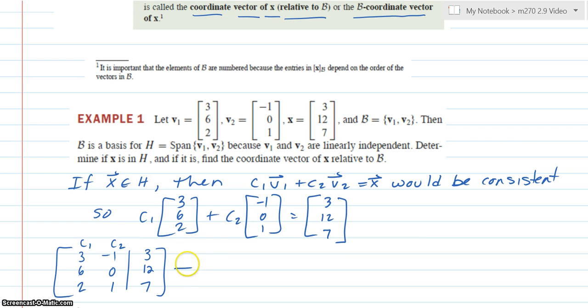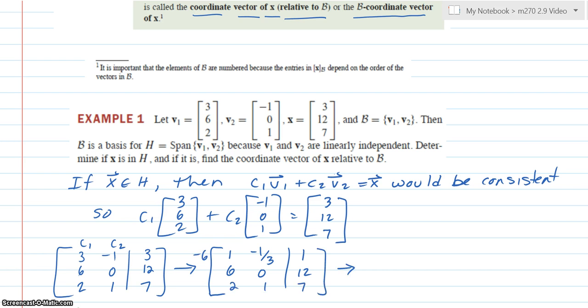To solve this matrix, I can row reduce it to echelon form. I think I'm going to first interchange 1 with 3. Or maybe not. Maybe I should just divide by 3 because I'm going to end up with fractions anyway. So 1, negative 1/3, and 1, dividing the first row by 3. And then I'm going to get my zeros.